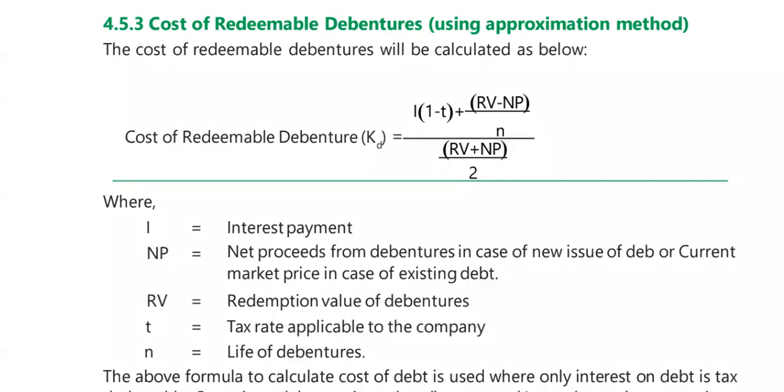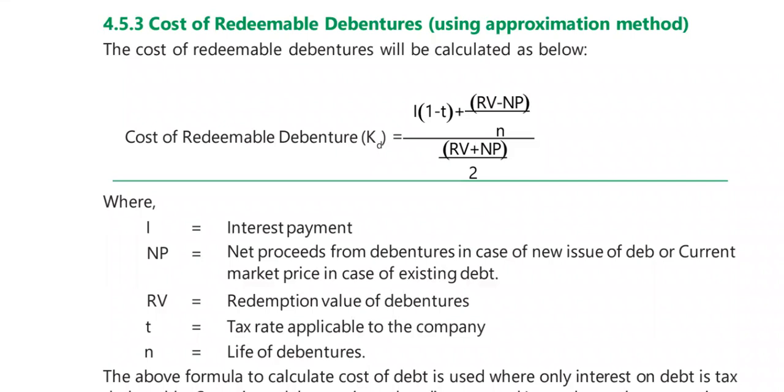NP is the net proceeds from the debenture in case of a new issue, or the current market price in case of an existing debenture.